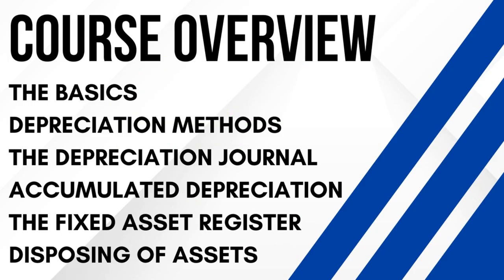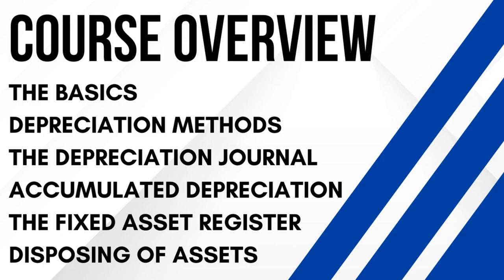So throughout this course, you are going to learn many things, such as the basics of depreciation, depreciation methods, that is more specifically straight line depreciation and reducing balance depreciation. They are the two most common methods, the two most accepted methods to depreciate assets.